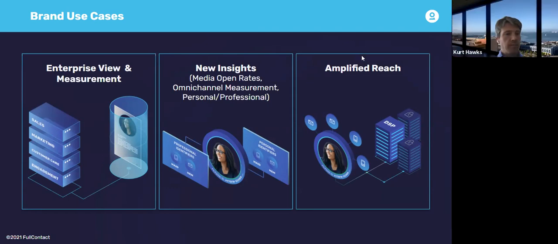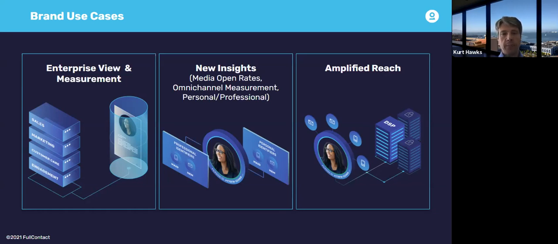Yeah, so FullContact works with a variety of different types of companies, ranging from brands and e-commerce providers to publishers, to data companies, ad tech, martech companies. What I'll try to do is highlight a couple of the specific use cases that we're working with our customers in.